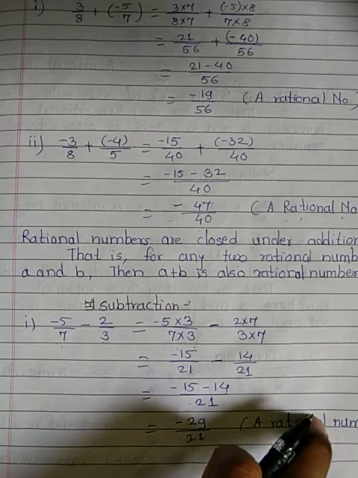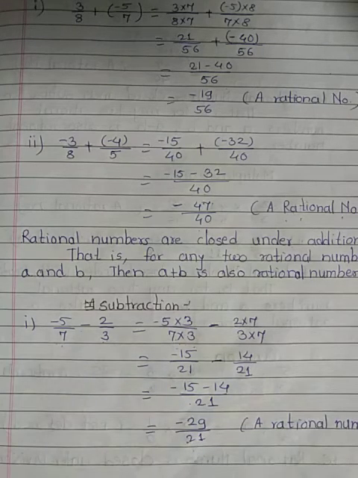The meaning of this sentence is, whenever we are subtracting two rational numbers, the answer will be a rational number itself. Okay, see, this sentence will come as a true or false question. Rational numbers are closed under subtraction, true or false? The answer will be true.